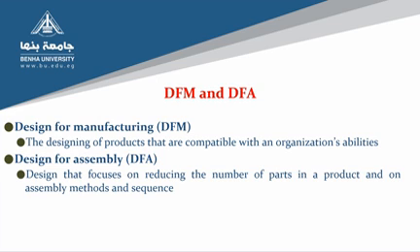A good design must take into account not only how a product will be fabricated, but also how it will be assembled. Design for assembly focuses on reducing the number of parts in an assembly, as well as on the assembly methods and sequence that will be employed.